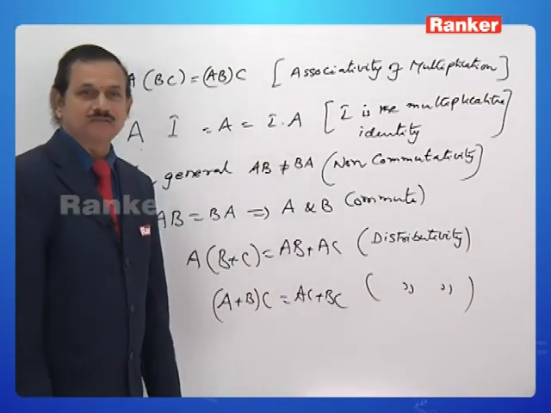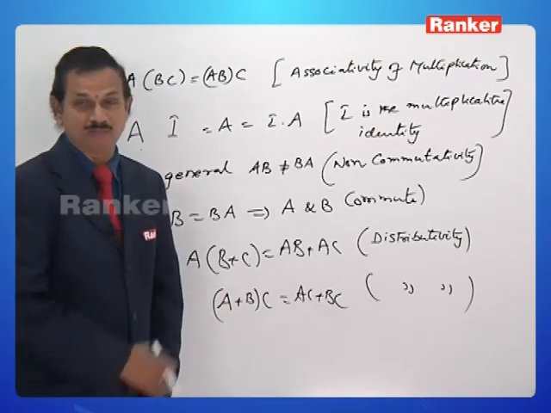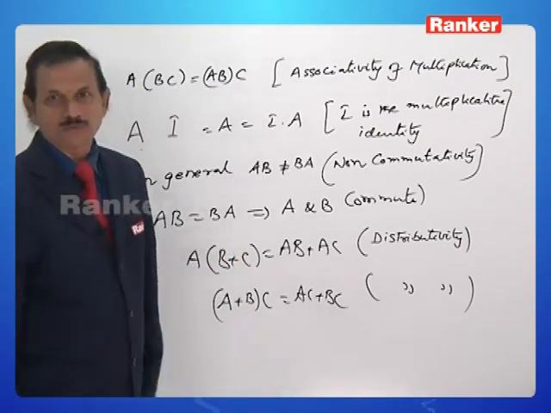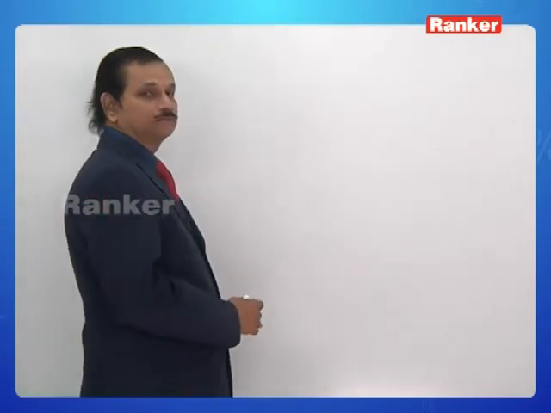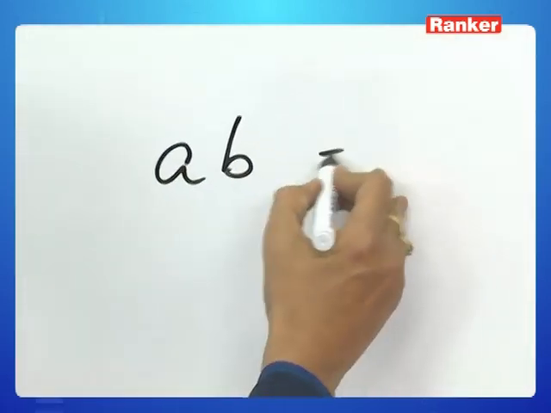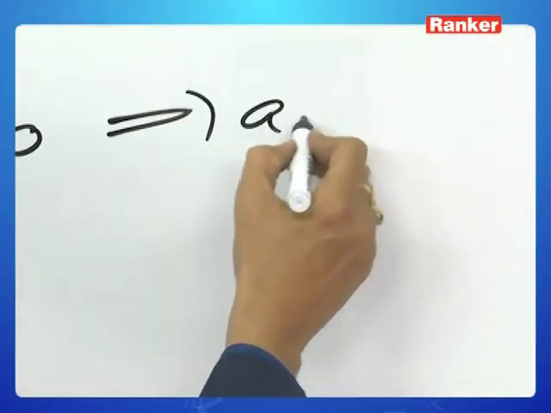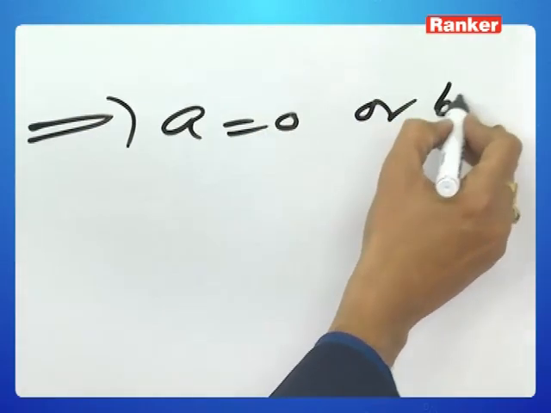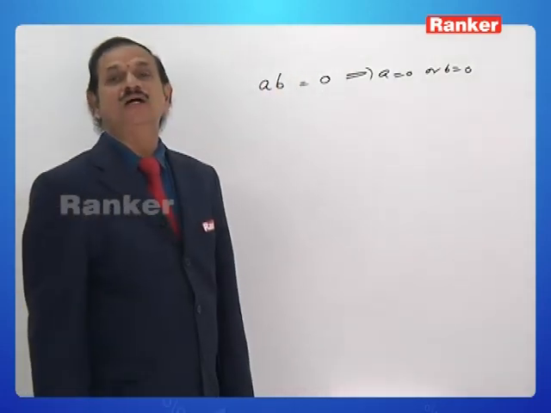Well, there are so many important and special properties regarding multiplication. We shall now go through those properties. In real number system, we pretty well know that if A and B are two real numbers such that AB is equal to 0, then one of them should happen to be 0. A is equal to 0 or B is equal to 0 or both. That is correct in real number system.